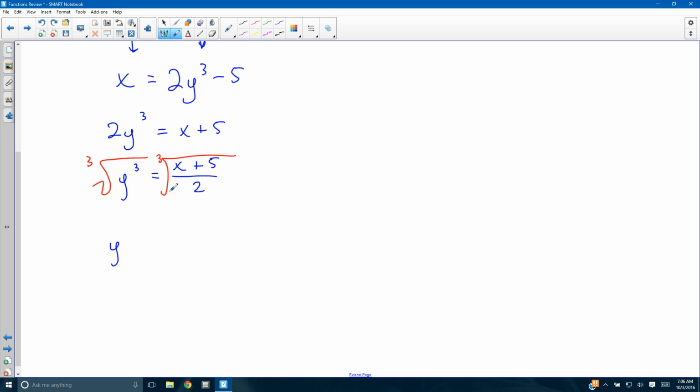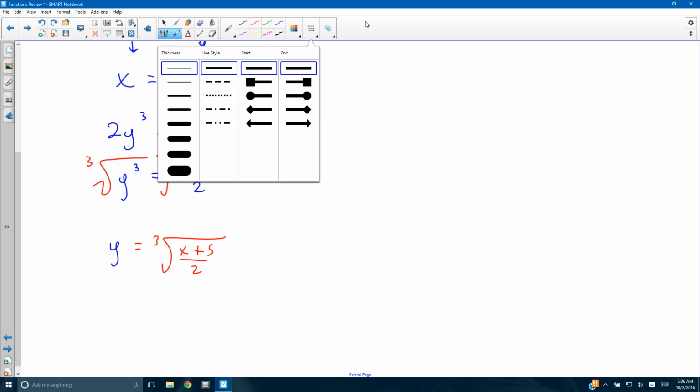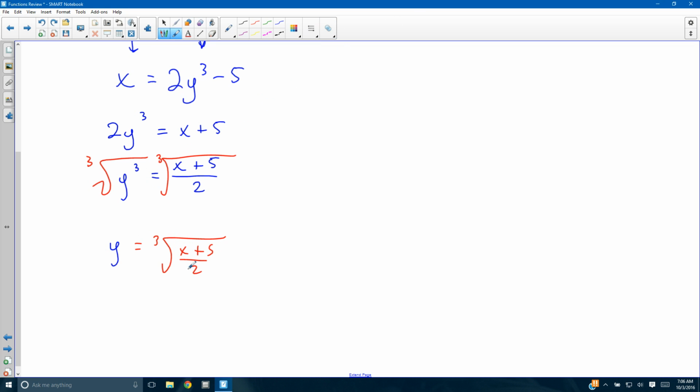We get y equals the cube root of x plus 5 all over 2. Now, some might argue that we have to have a rational denominator because technically this is irrational. Right now we're looking at this right here.